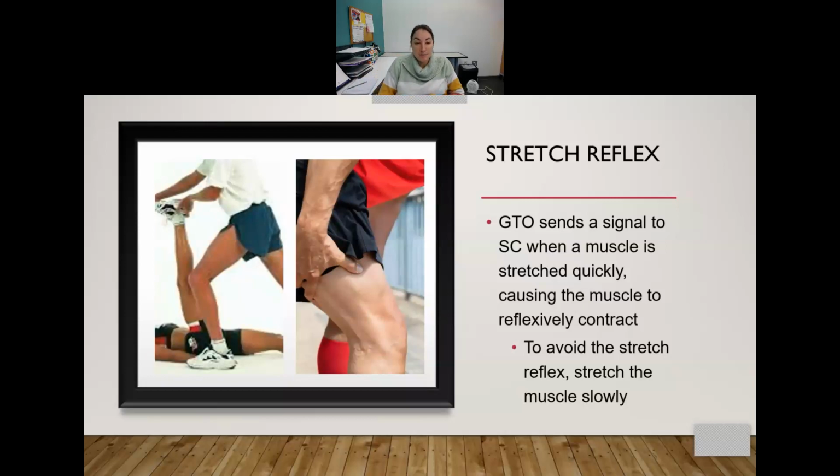The Golgi tendon organ sends a signal to the spinal cord when the muscle is moved or stretched too quickly, and it causes that muscle to reflexively contract. So in order to avoid that, if we're wanting to stretch somebody and get their tissues to elongate, we need to stretch them slowly. Quick movements cause the muscle to contract.